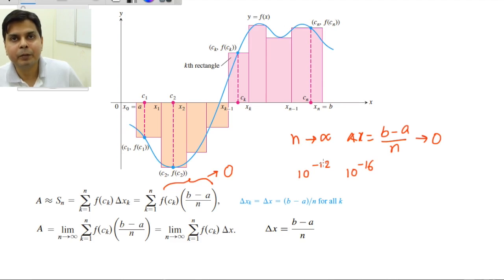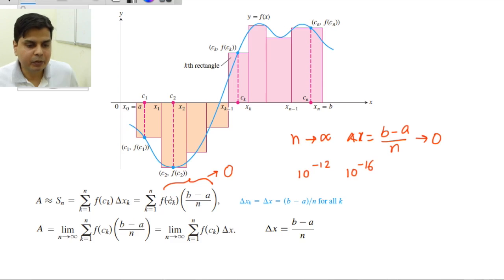Now how does that happen? That happens because when I am giving you one handful of sand particles, I am giving you innumerable number of sand particles. I am giving you infinite, almost infinite number of sand particles. So each of the sand particles may be of very, very small weight, but when you add those very, very small weights infinite number of times, billions and billions of times, you get something like 10 gram.